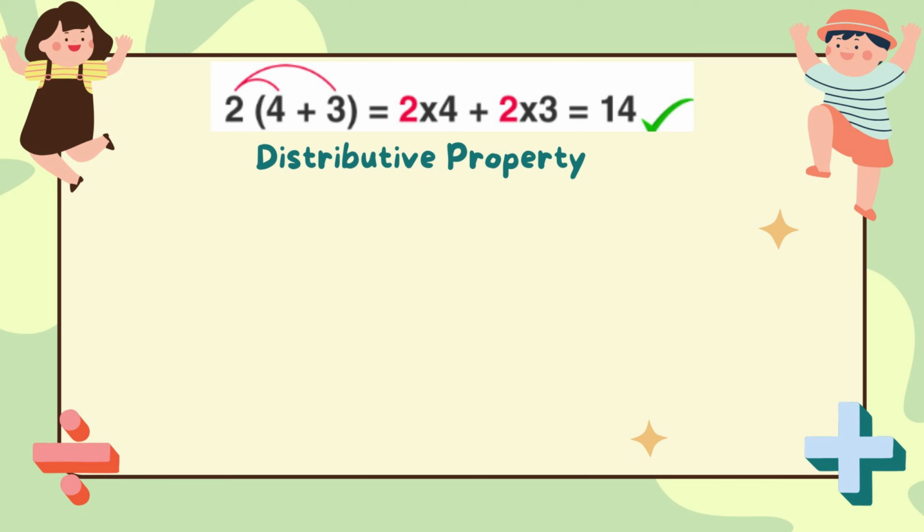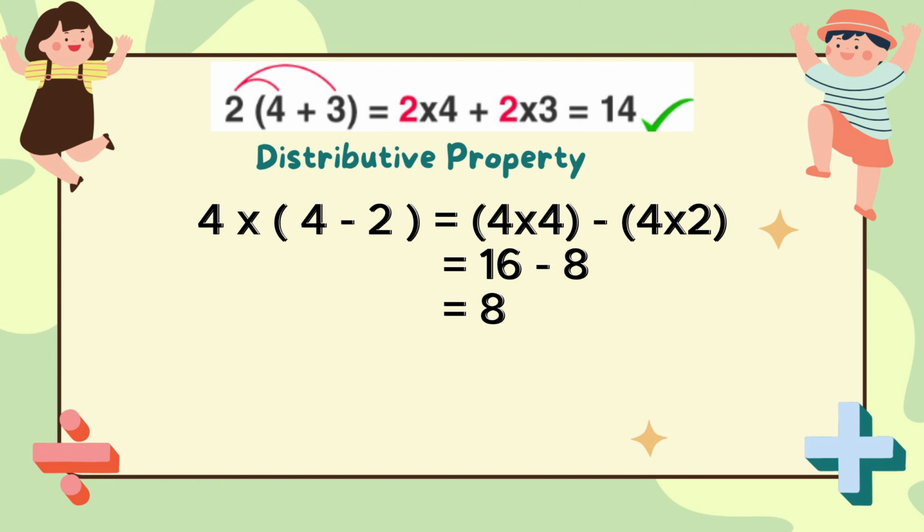Let's have subtraction. So, we have 4 times 4 and then 4 times 2. Take note, the operation is now subtraction. So, 4 times 4 is 16, and 4 times 2 is 8. So, 16 minus 8 is equal to 8.